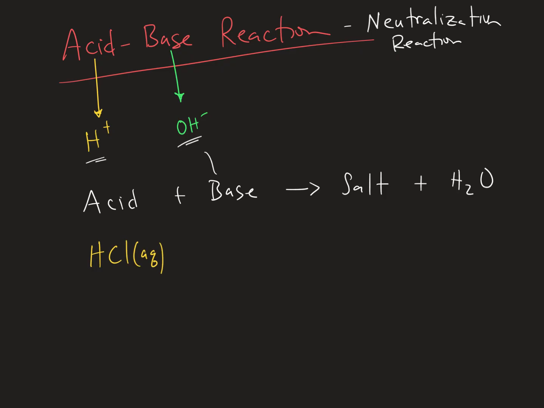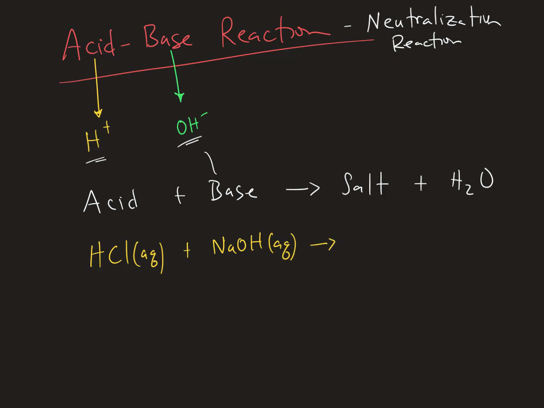If you don't have this mixed with water, it's not an acid. You have to have a water solution, just like in precipitation reactions. Okay? So all double replacement reactions are aqueous solutions to begin with. Plus, sodium hydroxide is my base, also has to be aqueous for it to be a base.